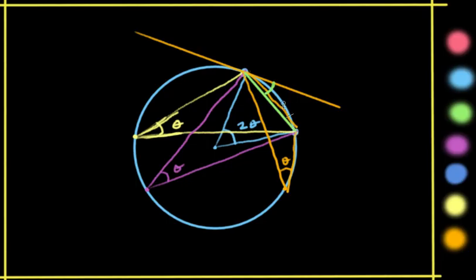And it turns out that that will also be theta, so half the angle from the center here. That is a useful thing to know as well, that the tangent is always going to form an angle with this line that is half of the angle you would get from the center. One other thing that follows from this is, what if you choose 2 theta to be 180 degrees?